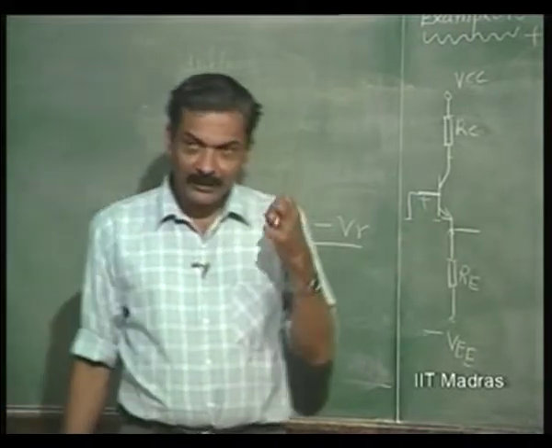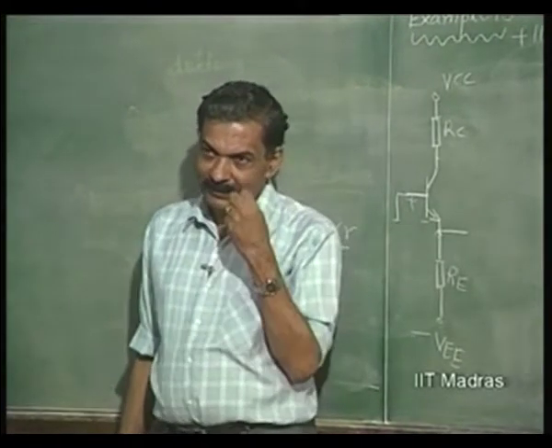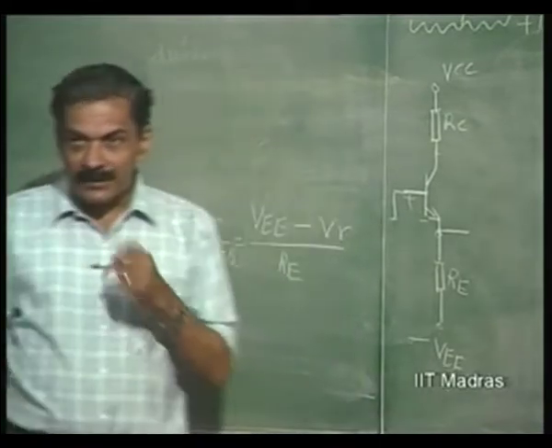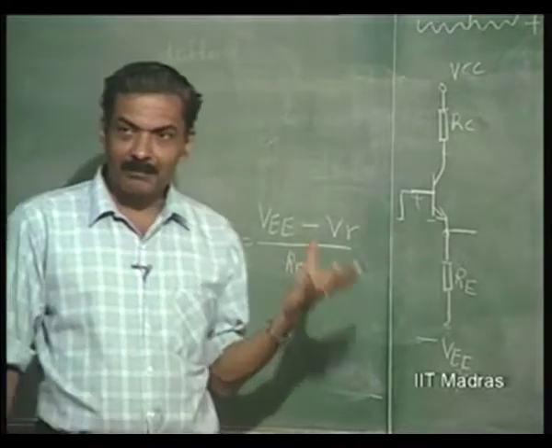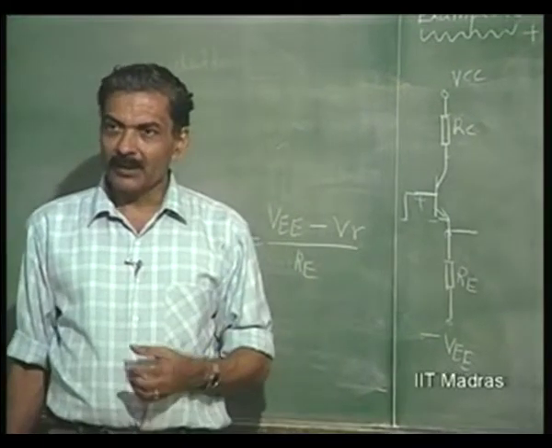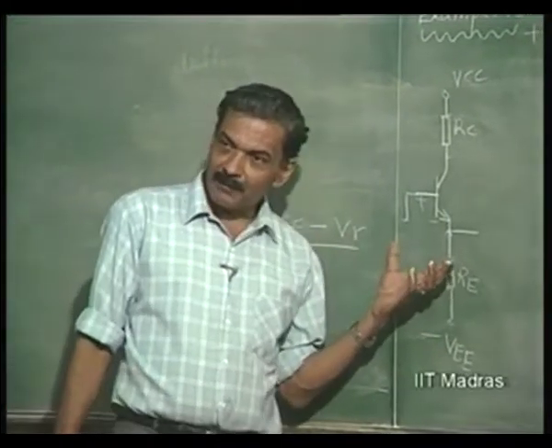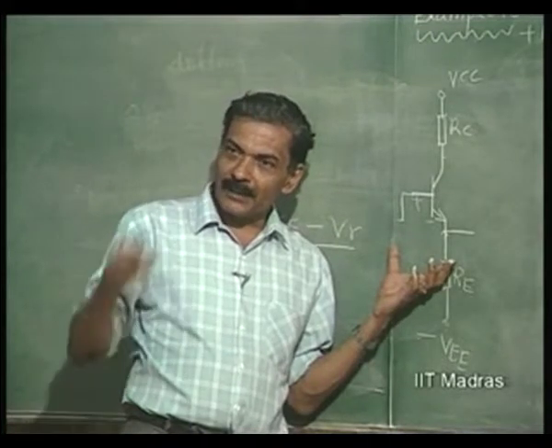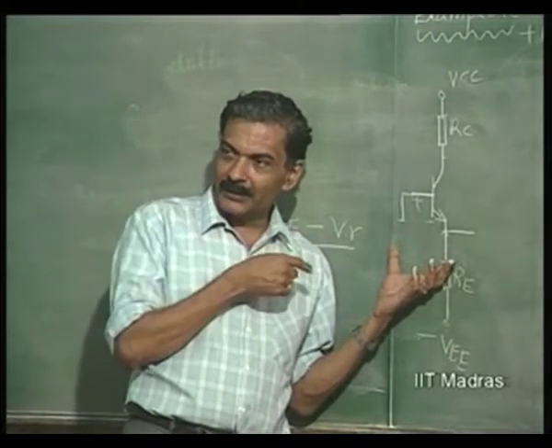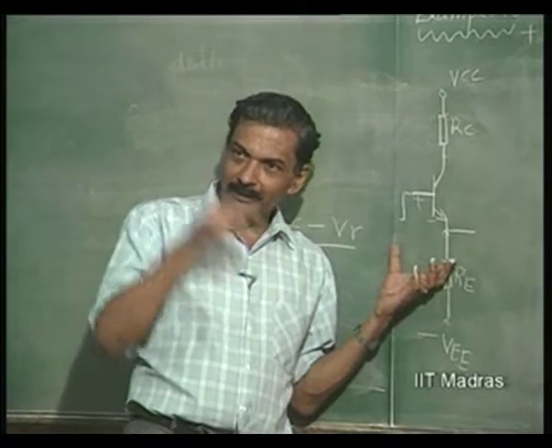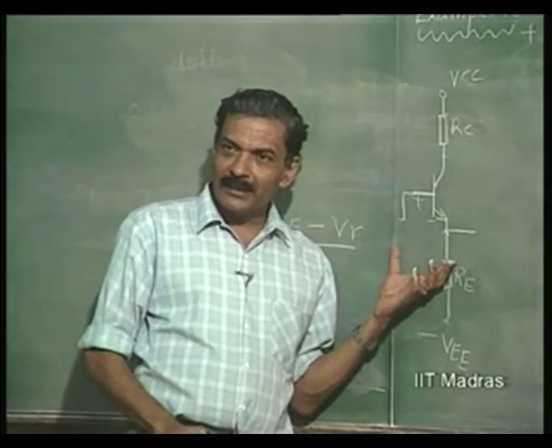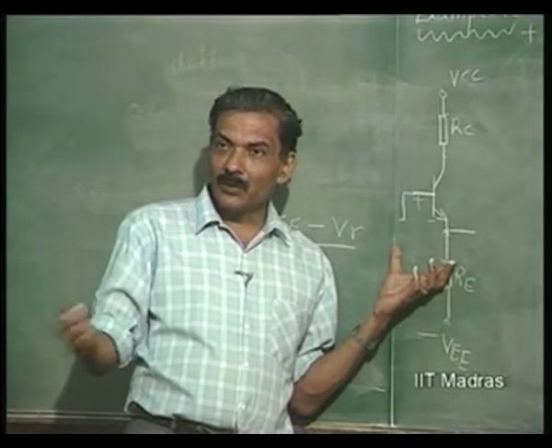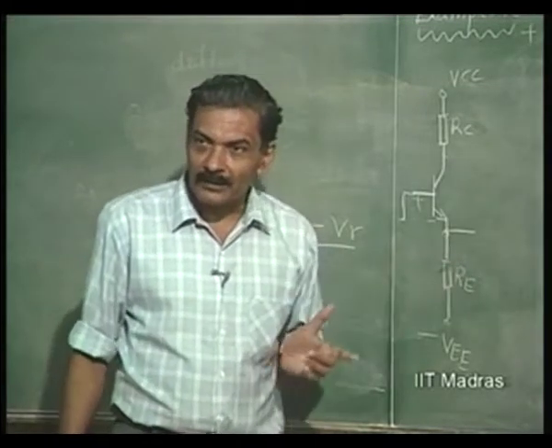Now, I would like you to understand what is meant by stability in very plain terms. Stability of operating point in this case simply means that the operating point is fixed by you and not by the transistor. You decide that this shall be the collector current, and it becomes the collector current without your knowing anything about the transistor.